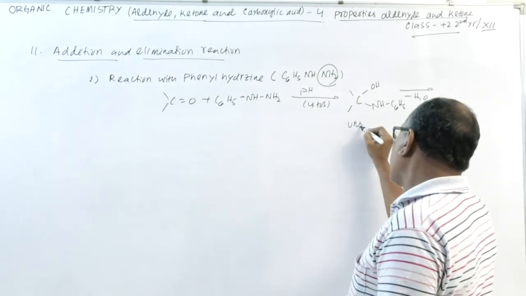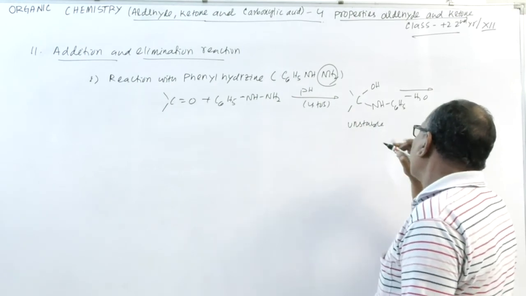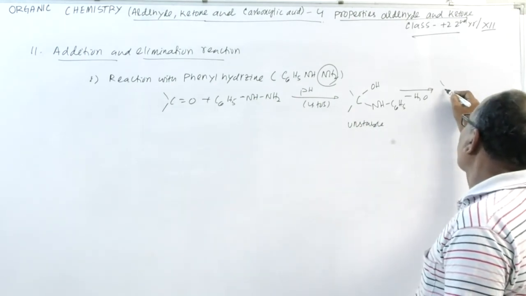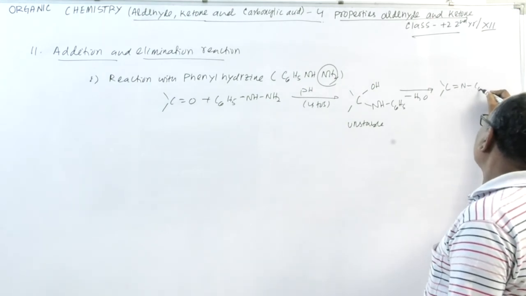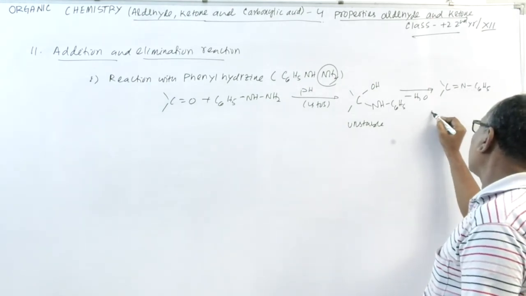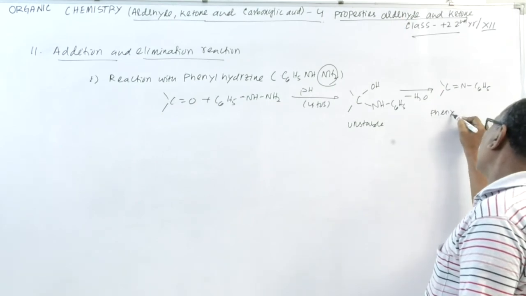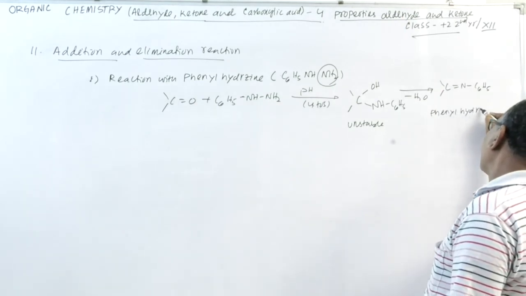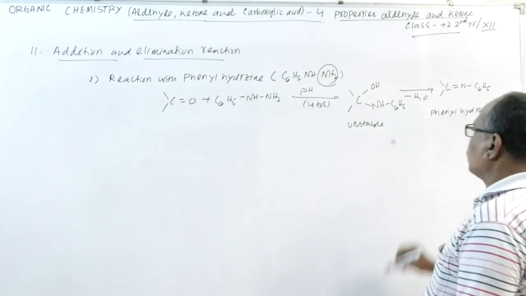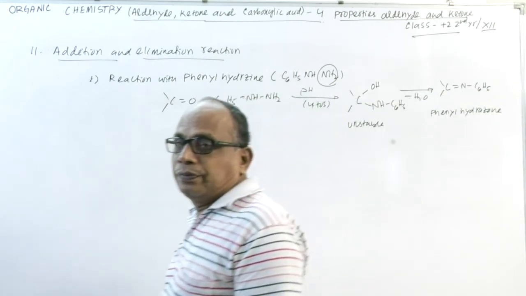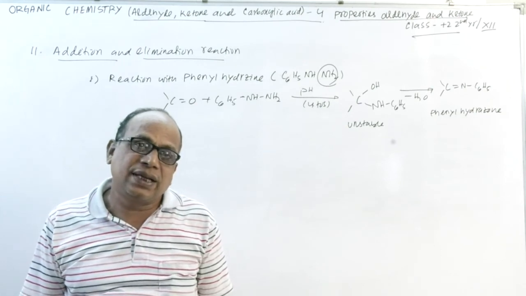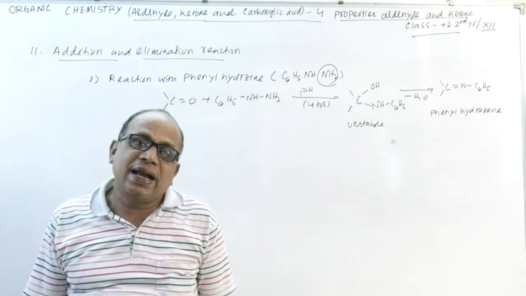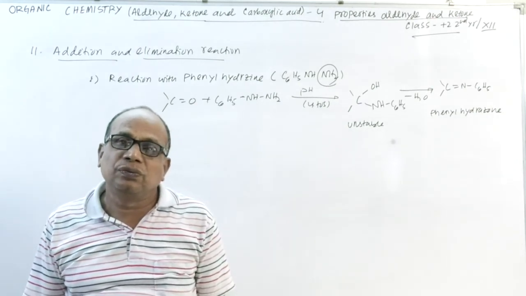This is unstable and gives C double bond N C6H5. This is called phenylhydrazone. If you take acetaldehyde, you can say acetaldehyde phenylhydrazone.